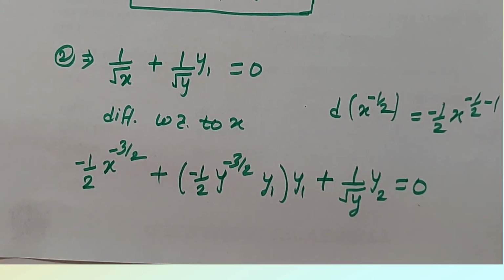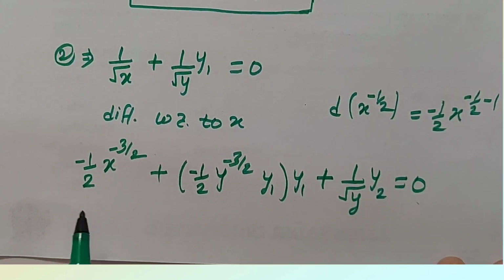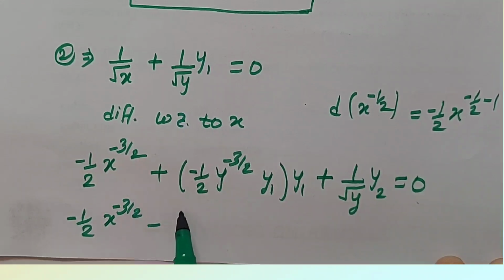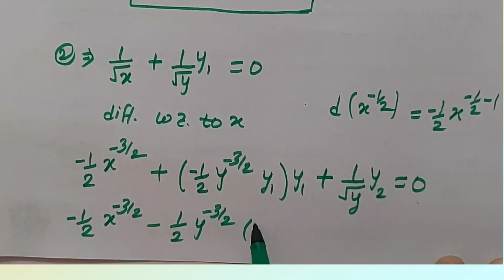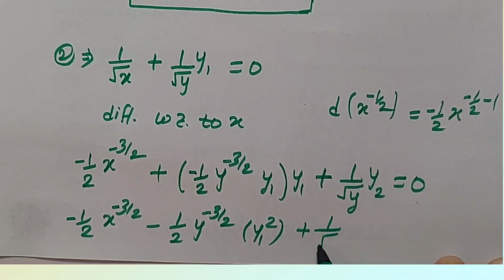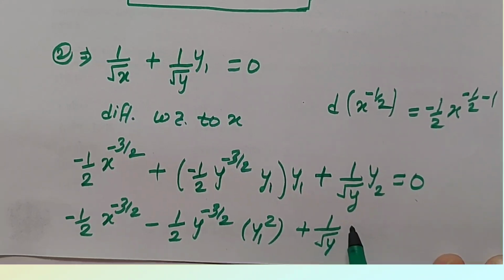Now if we simplify this, then it is minus 1 by 2 x raised to the power minus 3 by 2, then minus 1 by 2 y raised to the power minus 3 by 2 into y1 square, then plus 1 upon under root of y into y2 is equals to 0.